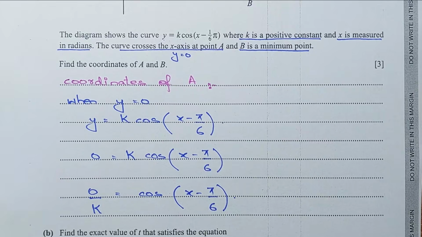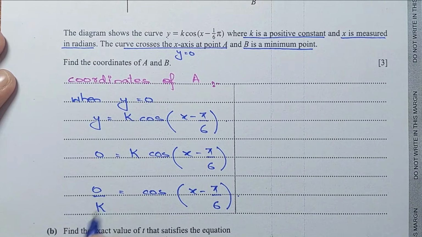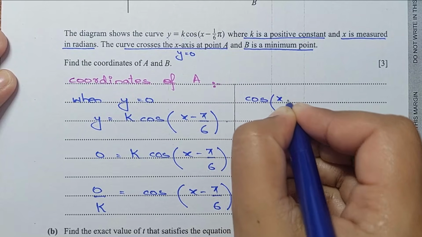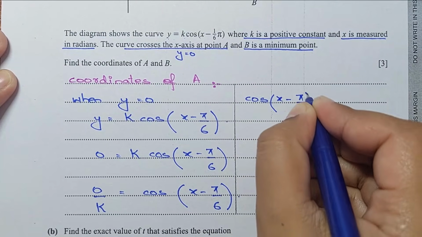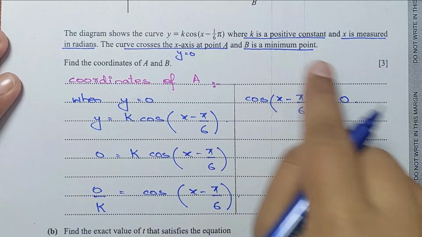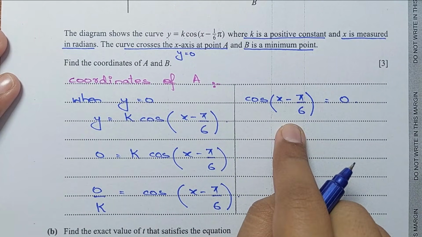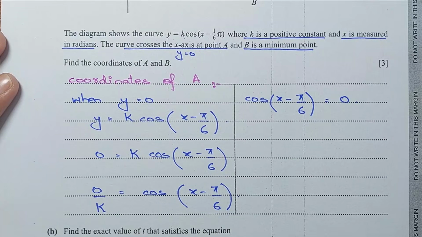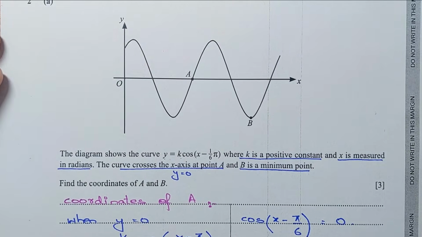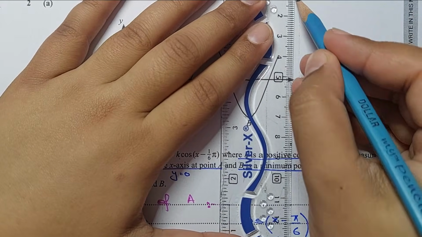All right, let me do the further steps. 0 by k is just 0, so we can say cos(x minus pi by 6) is equal to 0. Okay, cos is 0 at what values? We need to figure out on what values cos is 0. This is a cosine curve basically, so let me draw the curve.